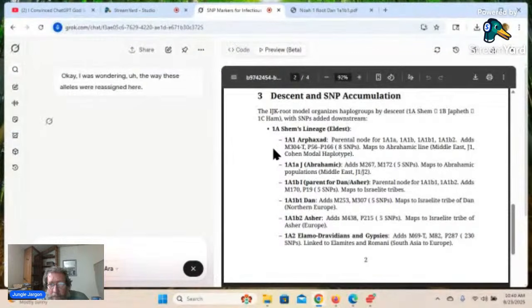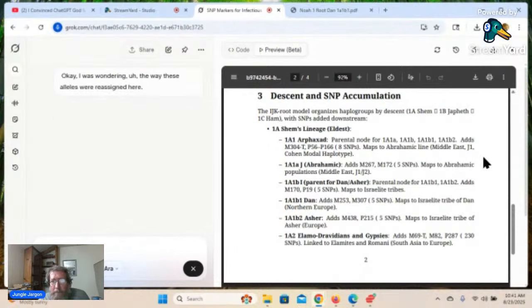1. Noah's baseline, 1. M523T and other alleles. In the IJK-root model, Noah, 1, is assigned to the IJK haplogroup, defined by alleles like M523T, M89C, P123T, and others, about 1112 total. These are the ancestral states of the Y chromosome markers, meaning they're the original forms before any mutations, SNPs, occur.